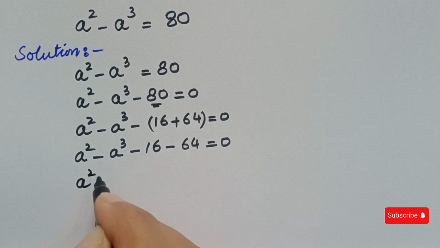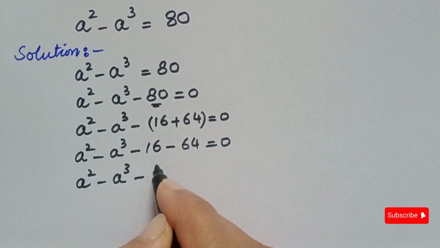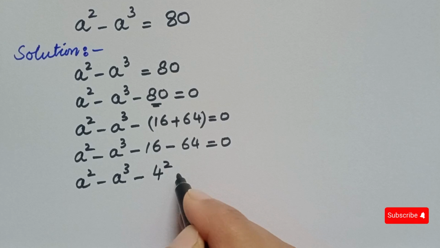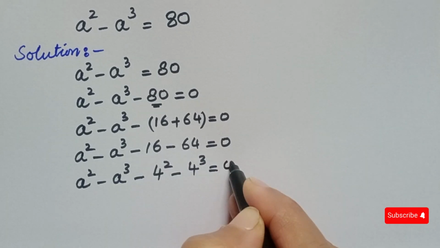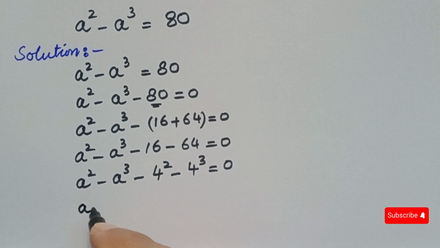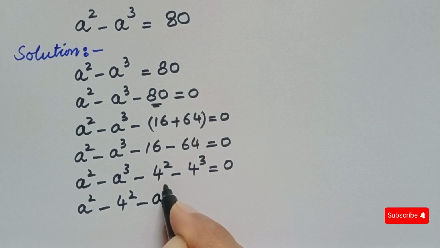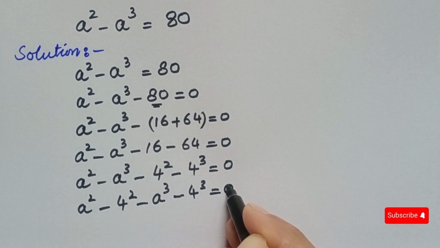So a square minus 16 can be written as 4 square, and 64 can be written as 4 cube, is equal to 0. So from here we will arrange the terms: a square minus 4 square minus a cube minus 4 cube is equal to 0.